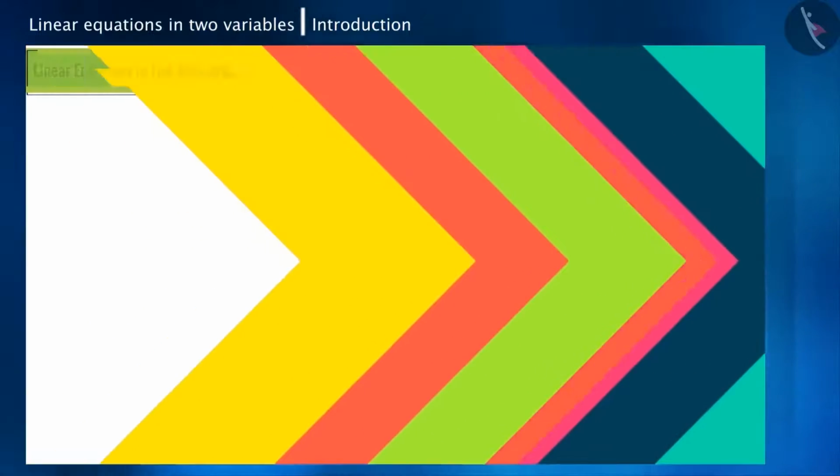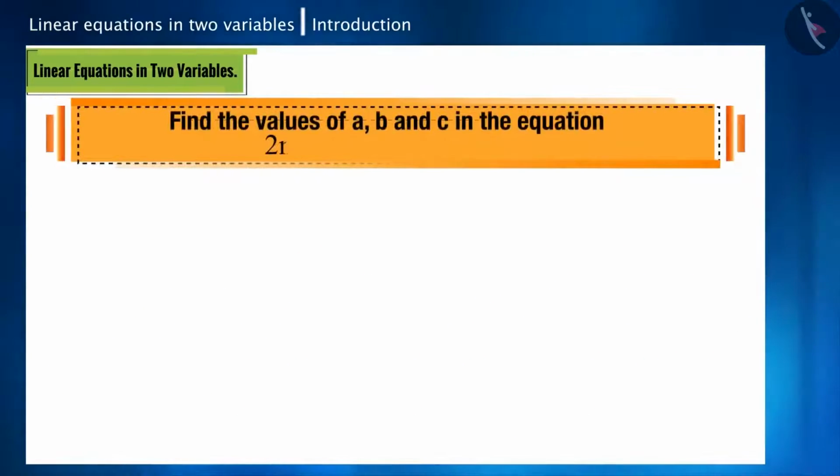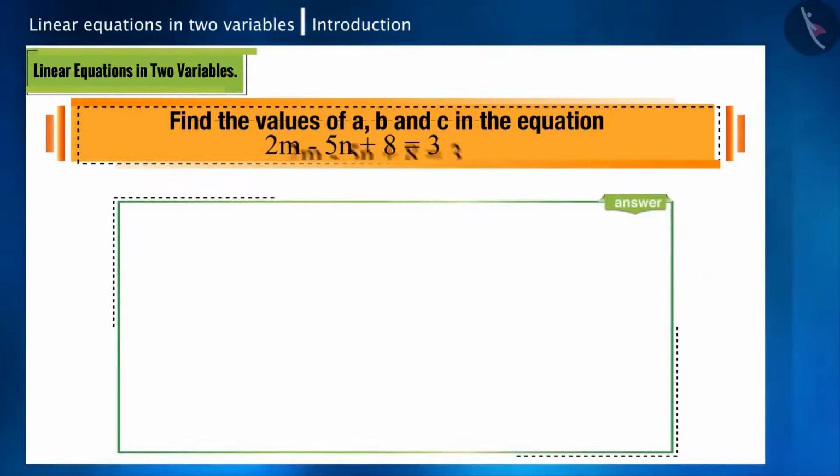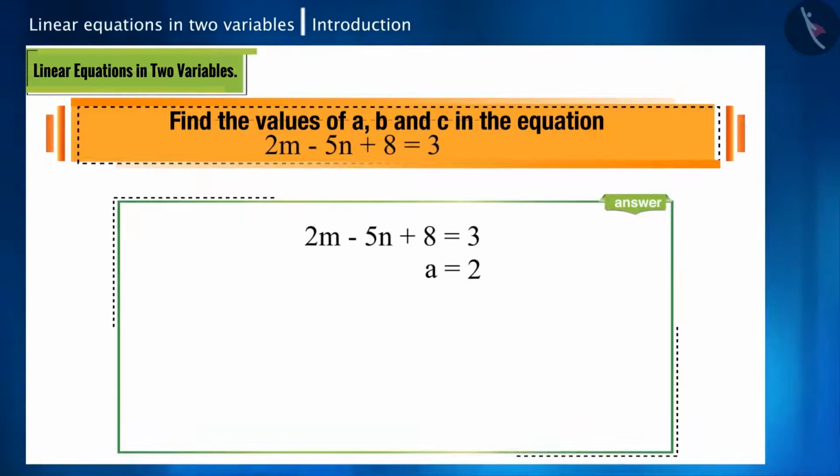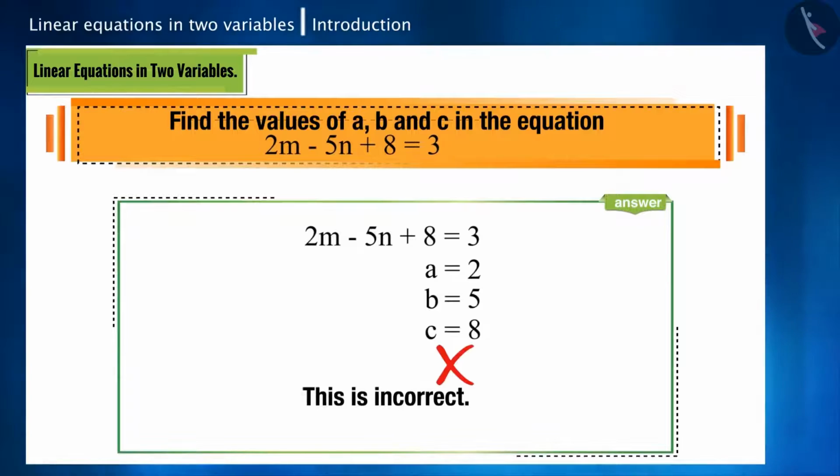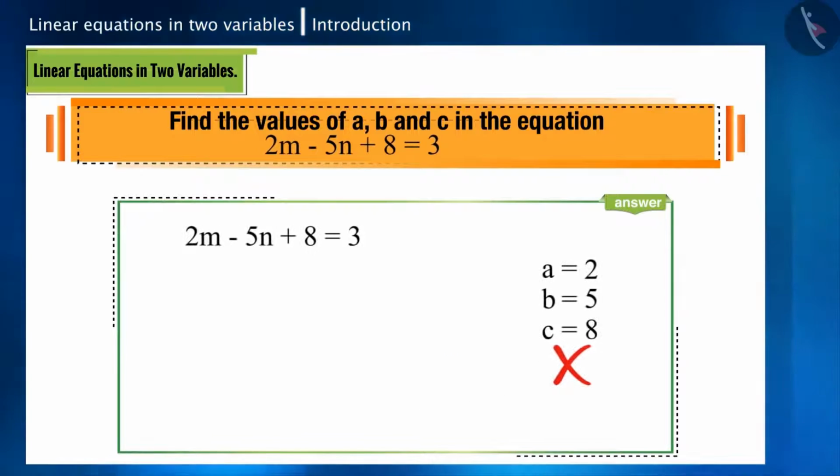Let's take another equation. Find the values of a, b and c in the equation 2m minus 5n plus 8 is equal to 3. If you think that here a is equal to 2, b is equal to 5 and c is equal to 8, then you are incorrect. First of all, let's see this equation carefully.